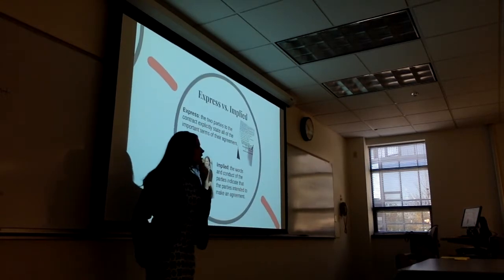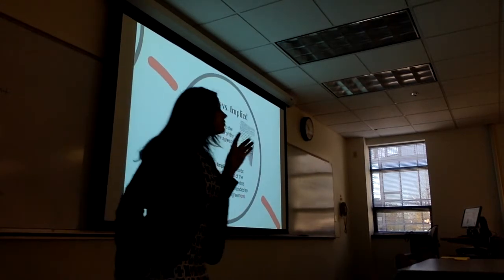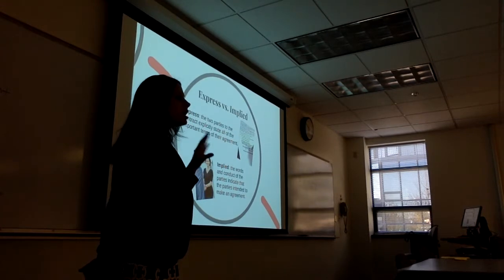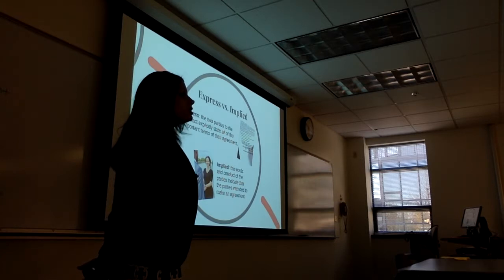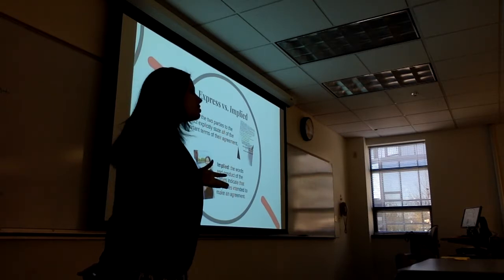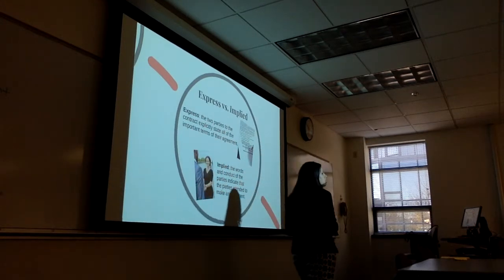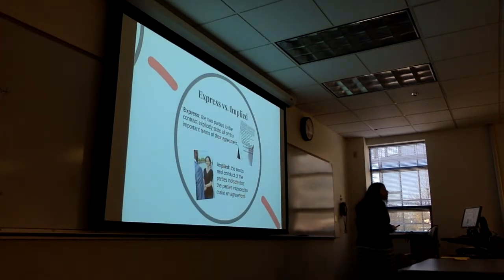Now, the other terminology when we talk about contracts are express versus implied contracts. What this has to do with is having a contract that's a little more formal, expressly stated in writing, versus an implied contract. I ask you to do something, you do it, it seems like from your actions we have an agreement. So, for example, I hire a cleaning service.